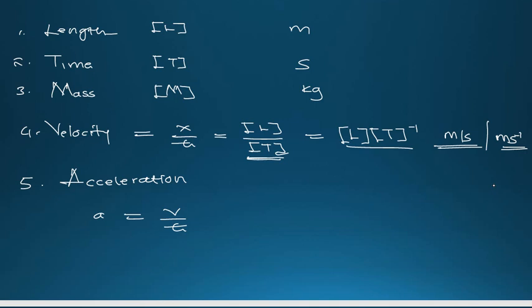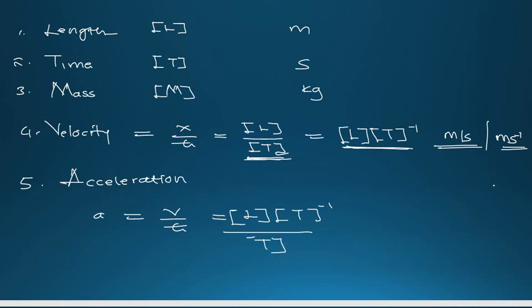Velocity, you already know is given by this. Let me just go ahead and use this. It's given by this as the dimensions. Then we are dividing by time, which is now T.